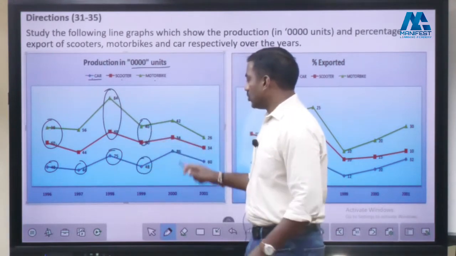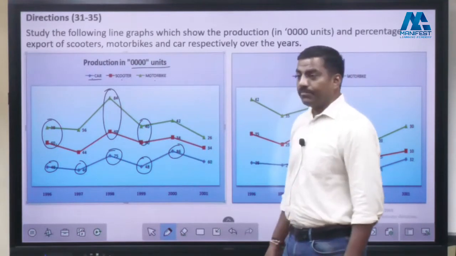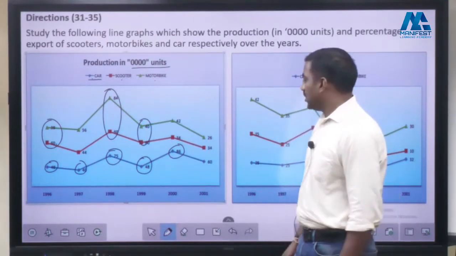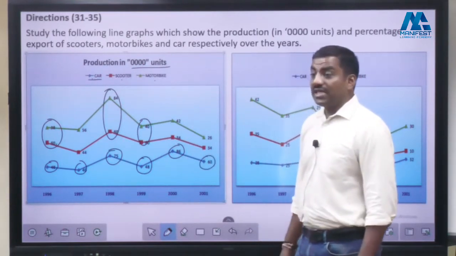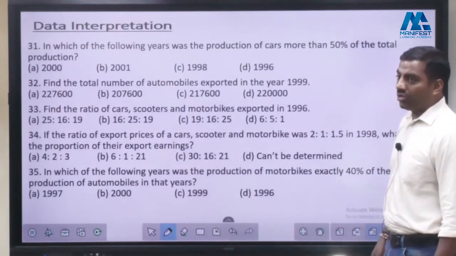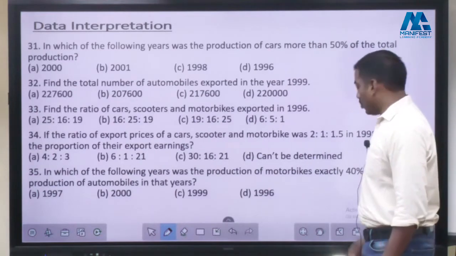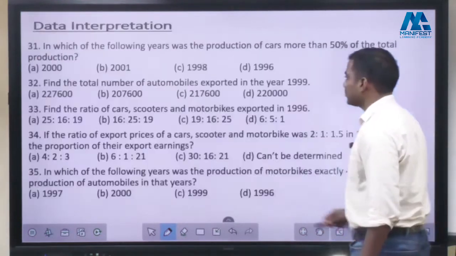No. This one? 86 is more than the sum of 42 and 34, that is 76. Okay, but don't be blind. Look at this. 60 is equal, but they are asking what? More than, right? They are asking more than, not just equal and more. So what should be the answer? 2000.